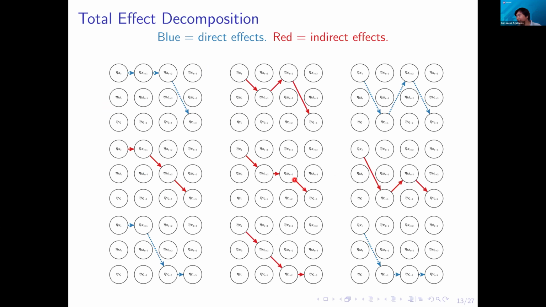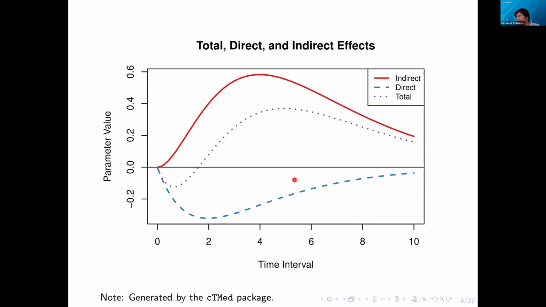So the idea again is that if we take a look at the x-axis here, we have time intervals from 0 to 10, and time intervals in between the discrete numbers. You can generate a smooth curve of how the effects unfold in continuous time.